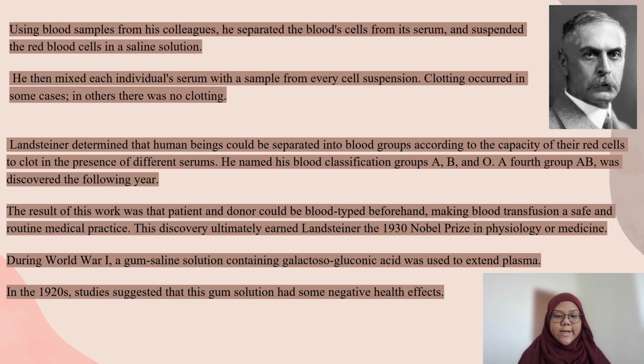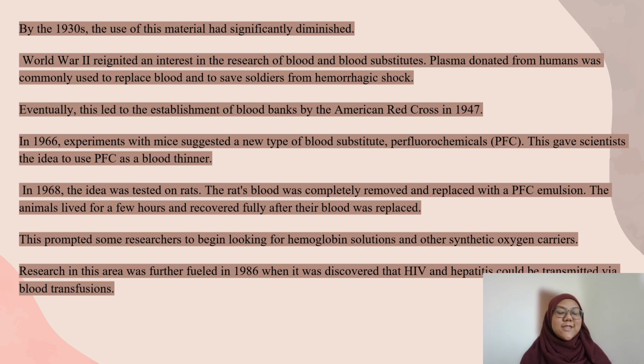During World War I, a gum saline solution containing galactosogluconic acid was used to extend plasma. In the 1920s, studies suggested that this gum solution had some negative health effects. By the 1930s, the use of this material had significantly diminished.